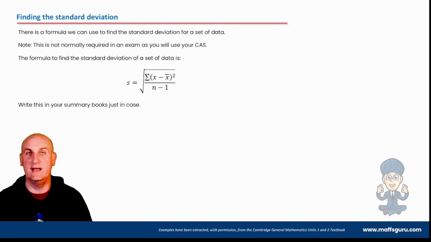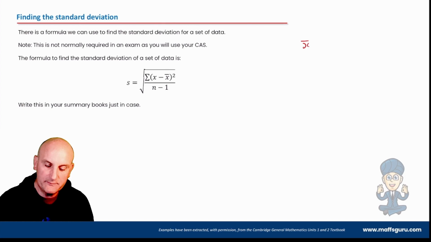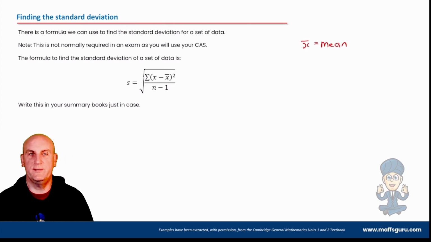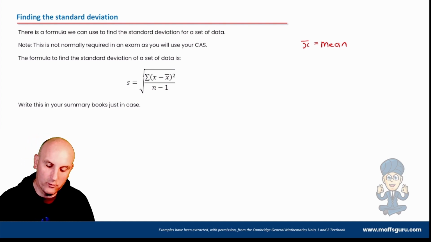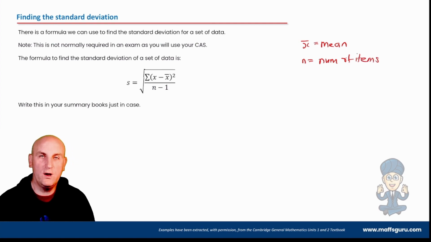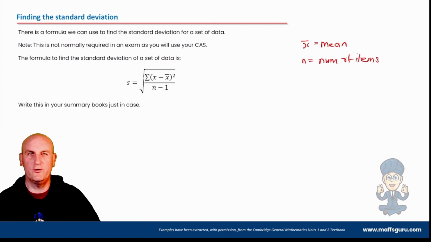We've met x bar before as the mean. And again, we've met n before as the number of items. So while that looks complicated, we've got a rough idea of how to read it.